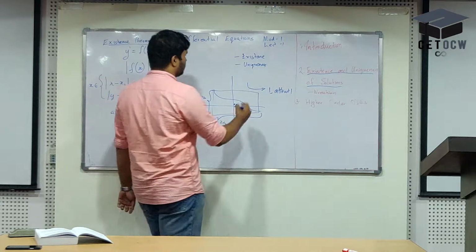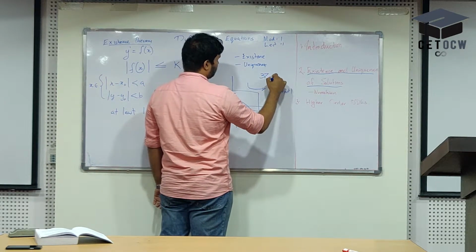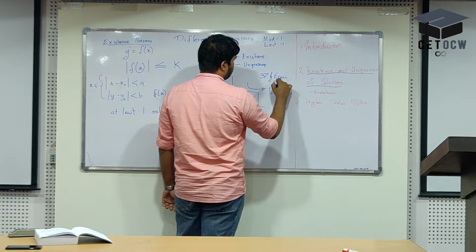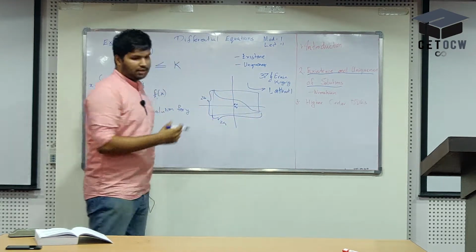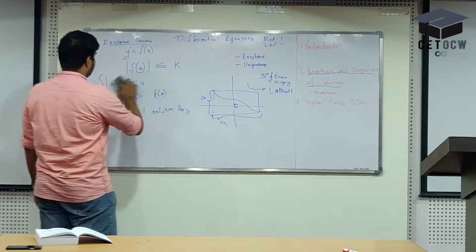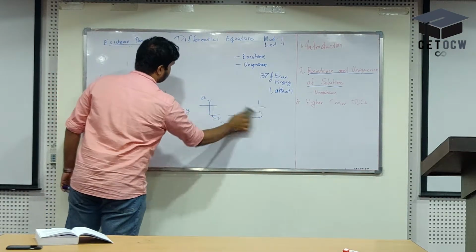For more details, please refer to page 37 of Erwin Kreyszig textbook. It's given there, and we'll move on to our next theorem, the uniqueness theorem.